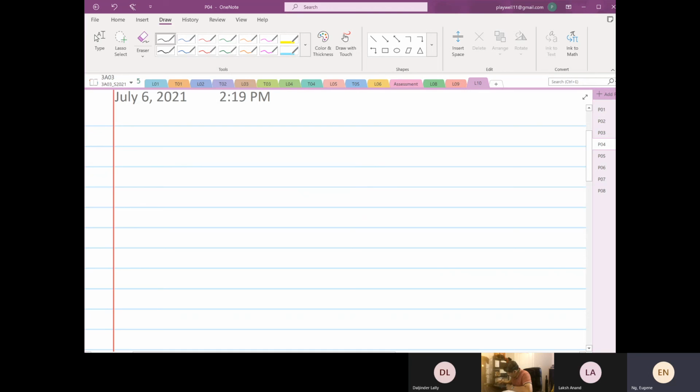So we have our 3 gears. As engineers, we need to know how to sketch.